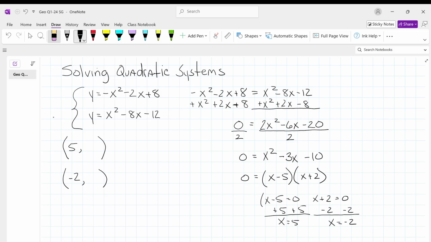I'm going to use this bottom equation to substitute. So I'm going to take the 5, and I'm going to do 5 squared minus 8 times 5 minus 12. And that can all go in the calculator. So 5 squared minus 8 times 5 minus 12 equals, that's negative 27.